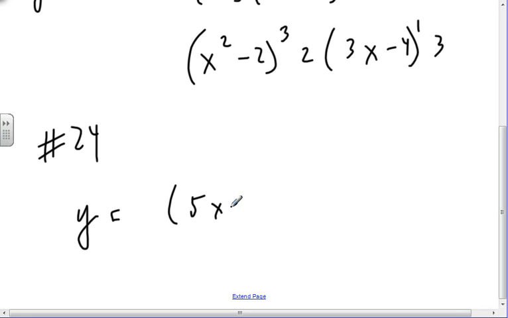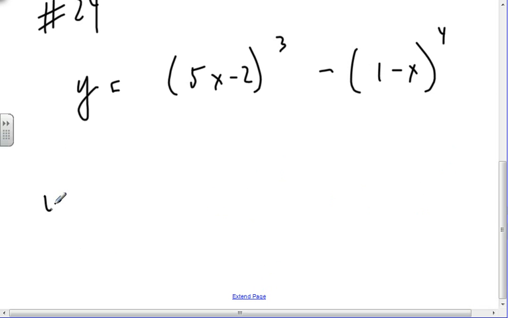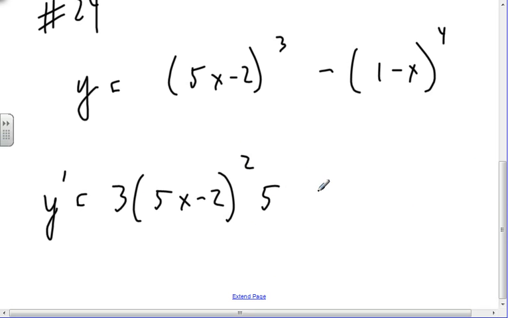y is (5x minus 2) cubed minus (1 minus x) to the 4th. Okay, so y prime is 3 (5x minus 2) squared times 5 minus, which will become a plus later on, 4 (1 minus x) cubed times minus 1.